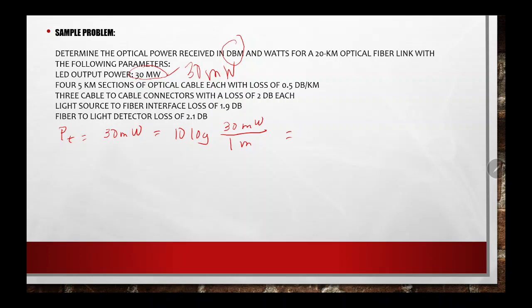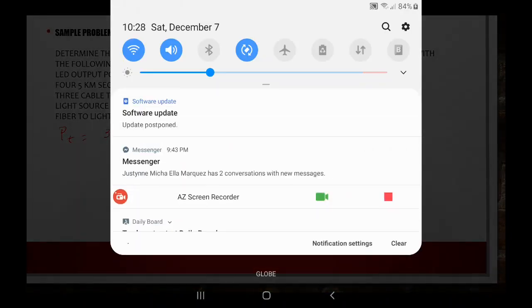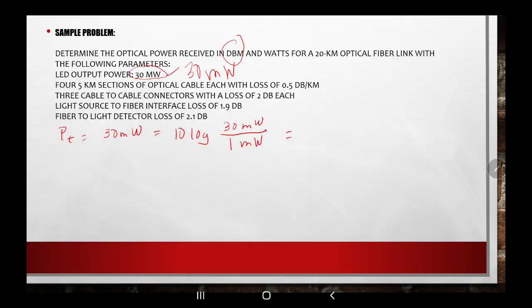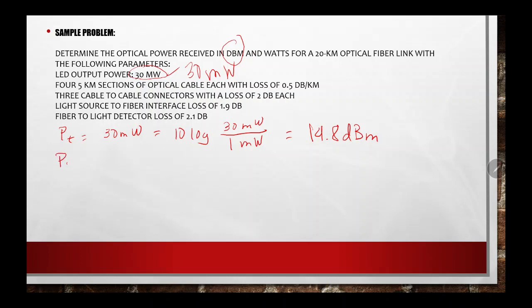Okay, so equivalent to sa 14.8 dBm. Okay? Next, ano yung mga losses? Kasi ang formula natin para makuha yung power received is PT minus losses. So, kunin natin yung mga losses. Alam natin yung PT, 14.8 dBm.